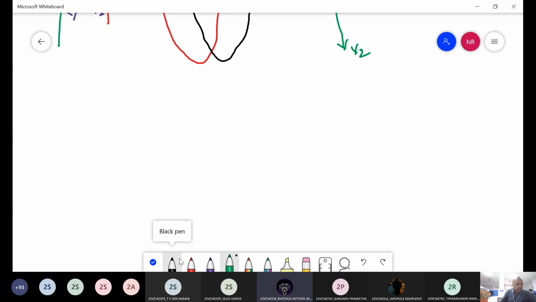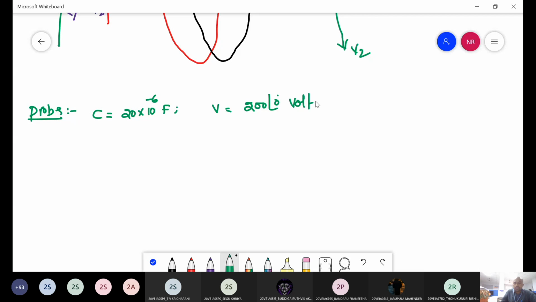Yeah, now here, a coil is connected in series with a capacitor of 20 microfarads to a 200 volts supply. So here the problem: C is given. C is 20 microfarads, 20 into 10 to the power minus 6 farads. V is 200 angle 0, because the angle is not given. It is a variable frequency supply.